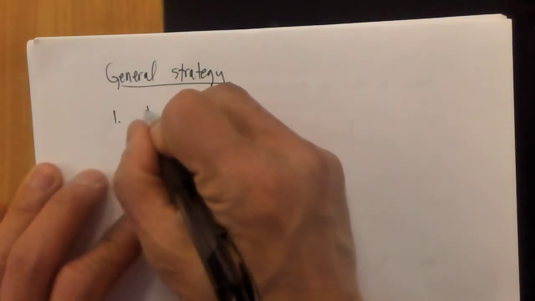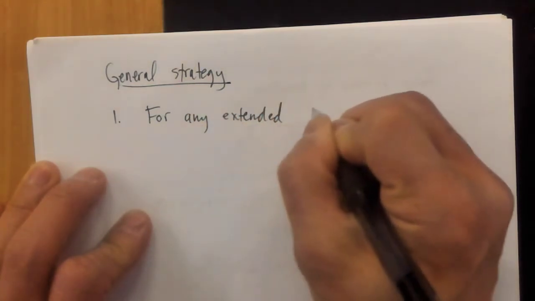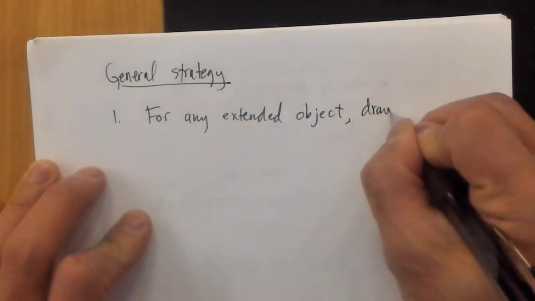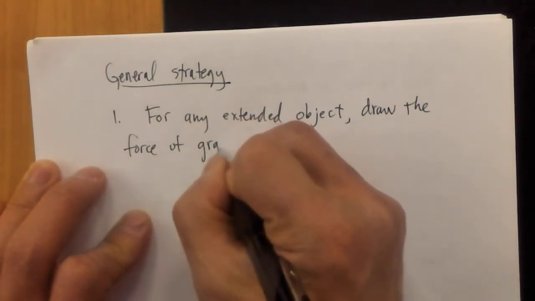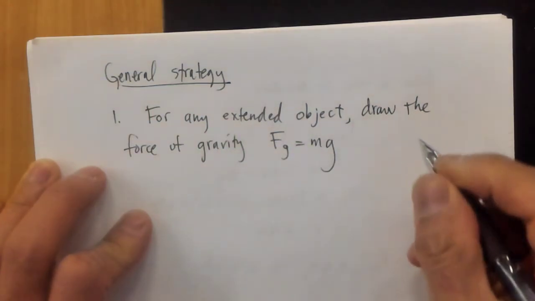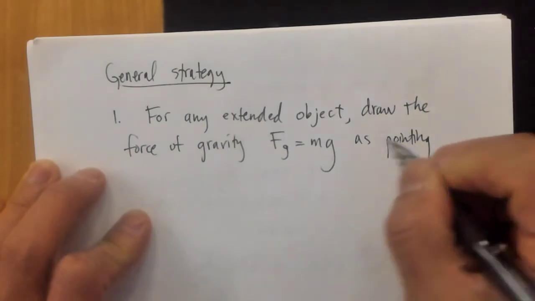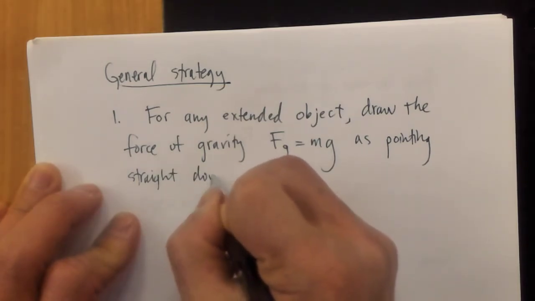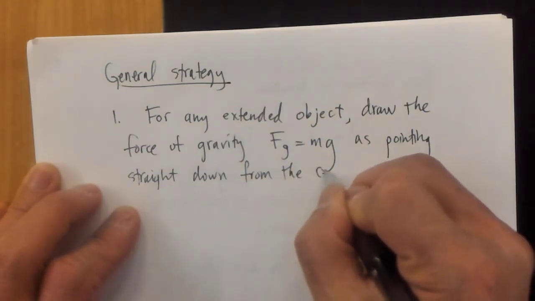Number 1: for any extended object, draw the force of gravity, Fg equals m times g, as pointing straight down from the center of mass.